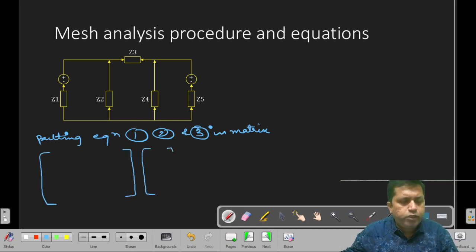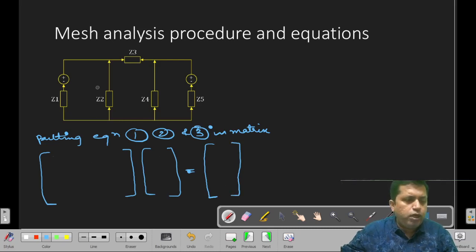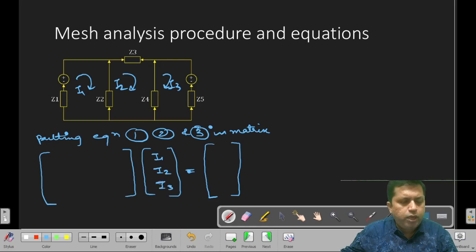What is impedance into current? It is nothing but the voltage matrix. Okay, so we'll write down the currents. Currents are I1, I2, I3. So 3 currents. So I will write down the column entries. What are the voltages in KVL direction?